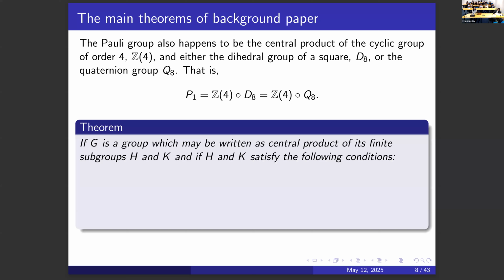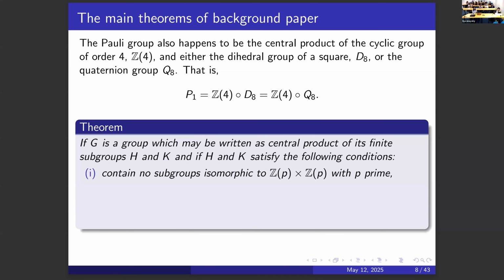So we found, as a theorem, that if you have a group G that can be written as a central product of finite groups H and K, and you know that H and K satisfy the following conditions: first of all, both H and K contain no subgroups that are isomorphic to Z_p cross Z_p, where p is prime.